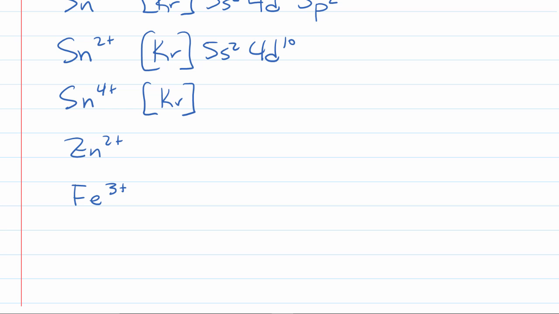Okay, let's finish these off. The tin 4 ion would be the krypton in square brackets followed by 5s2. Zinc. Square brackets would be Ar followed by 4s2 or 3d10 or both. Both, yes. Okay, we're looking at zinc ions.